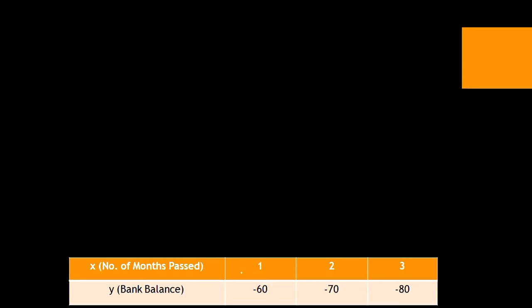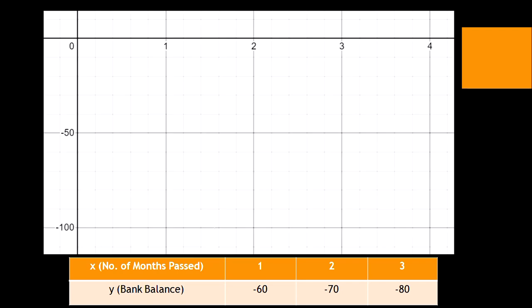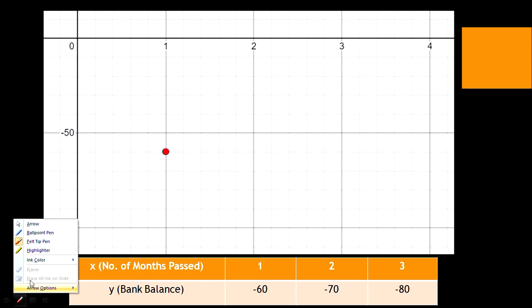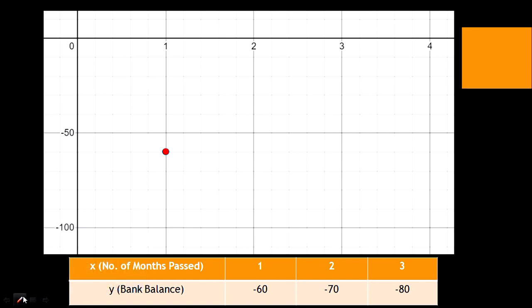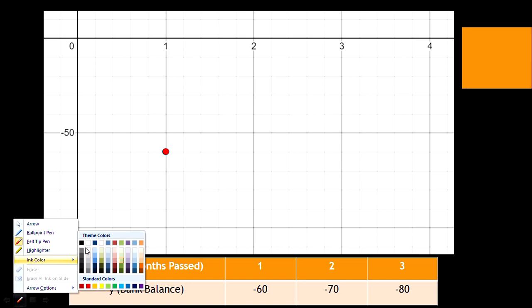We'll put that in a table, and lastly we can plot this information on a graph. Now we've done this enough number of times in the past, so here I have the graph, and let's choose the color red.